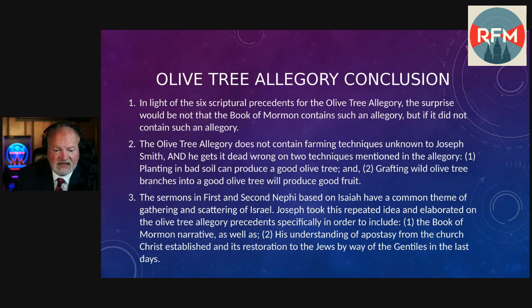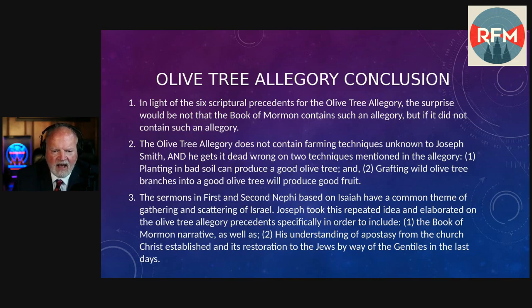Remember, those 6 precedents or antecedents, specifically in order to include, number 1, the Book of Mormon narrative, the Nephites and the Lamanites, as well as 2, Joseph's understanding of apostasy from the church Christ established and its restoration to the Jews by way of the Gentiles in the last days, which is what the entire parable in Jacob 5 is about.